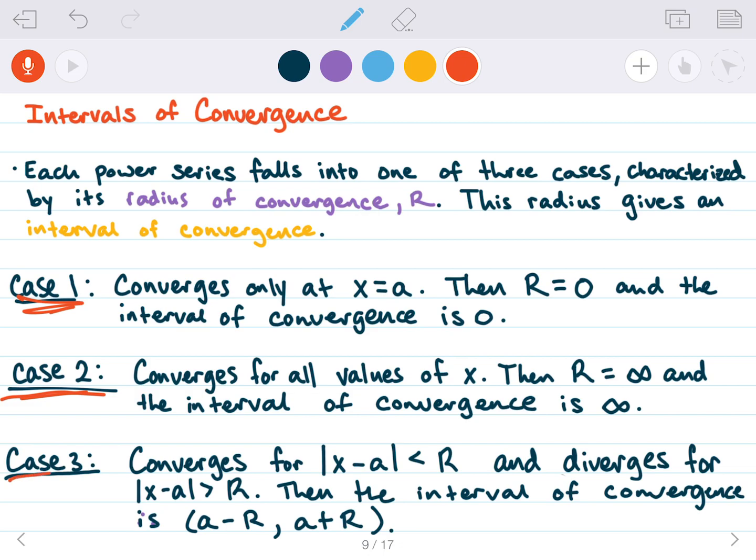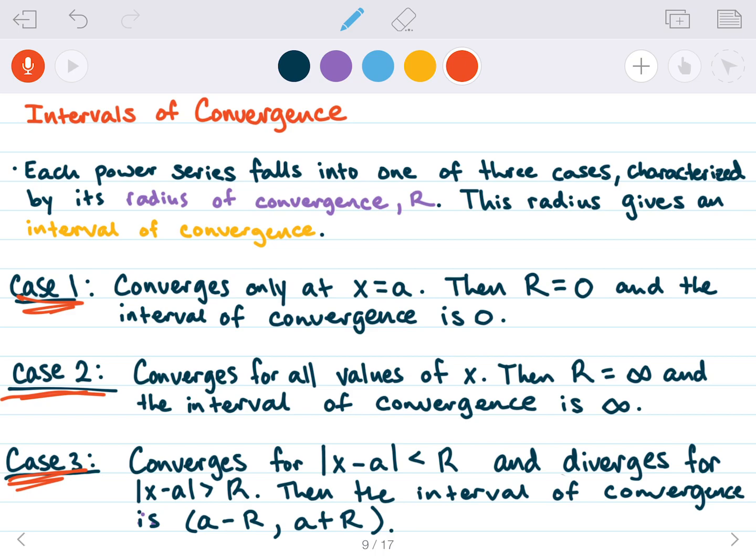Case 3 is if we have some kind of radius of convergence where the power series converges for more than one value of x, but not infinitely many values of x. Well, actually, let's rephrase that. It's going to be like a set bounded interval.